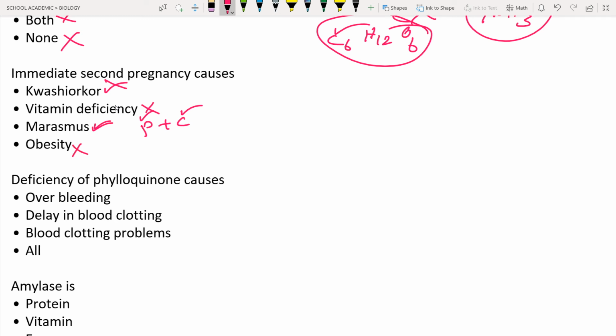Why? Because it is completely opposite to kwashiorkor and marasmus. These people take an excess amount of proteins, vitamins, carbohydrates, etc. They take everything in excess, so they gain so much weight and face many problems. Okay, the option for immediate second pregnancy is marasmus.